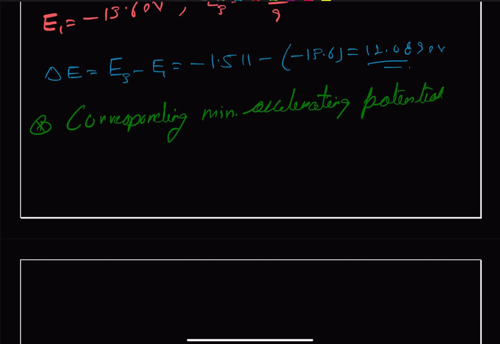So we can say that the energy required should be at least 12.089 electron volt. Okay.